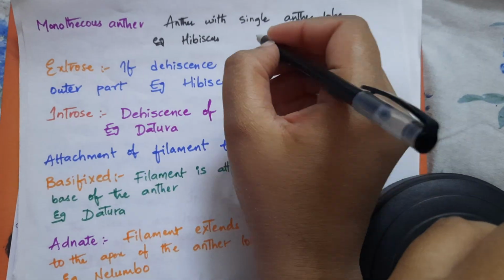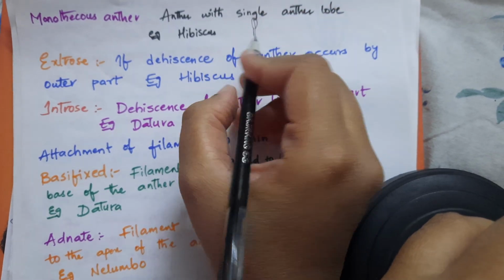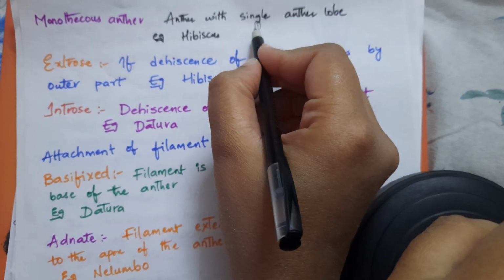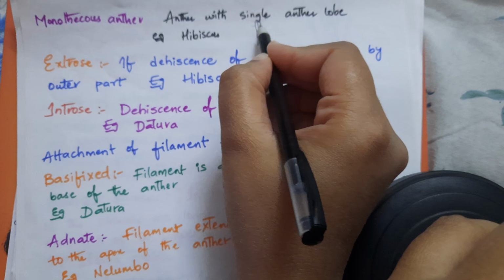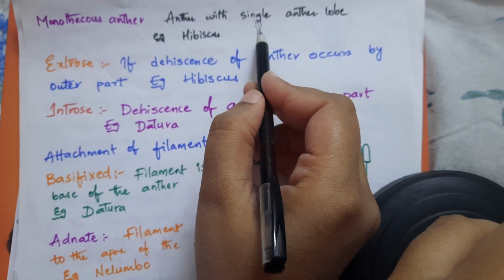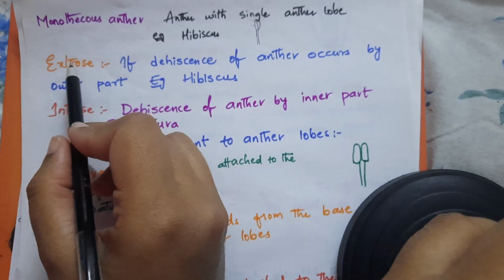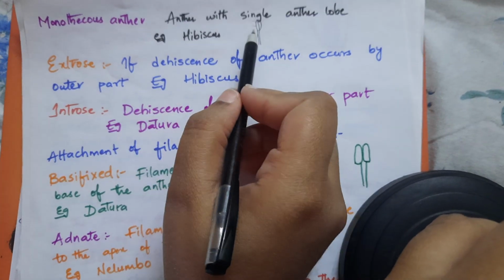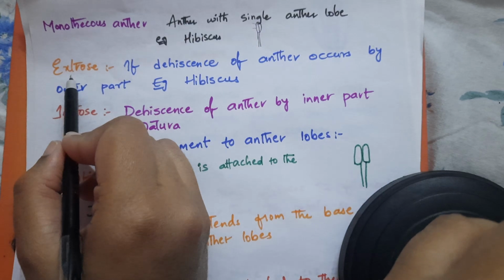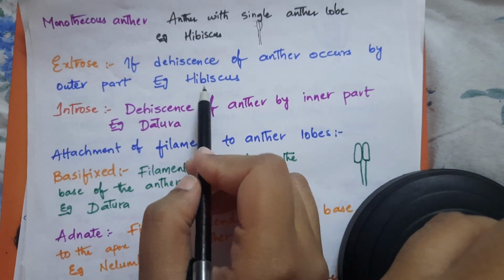See here, for example, if we draw an anther like this, and the dehiscence takes place by the outer part of the anther, then we call this type of dehiscence extrorse. This type of stamen is known as extrorse. An example for that is hibiscus.